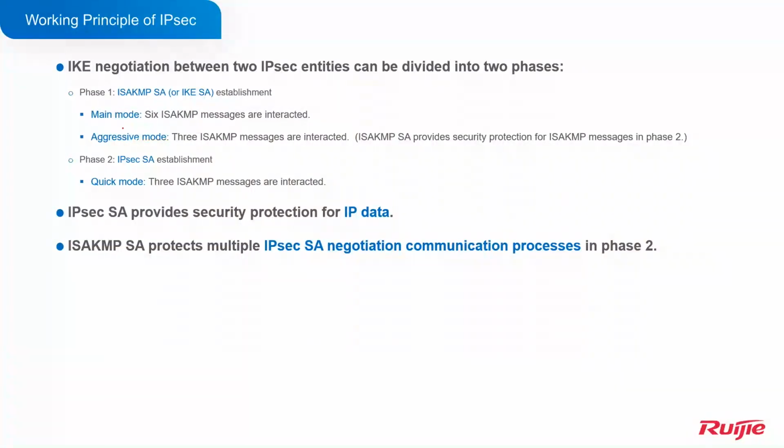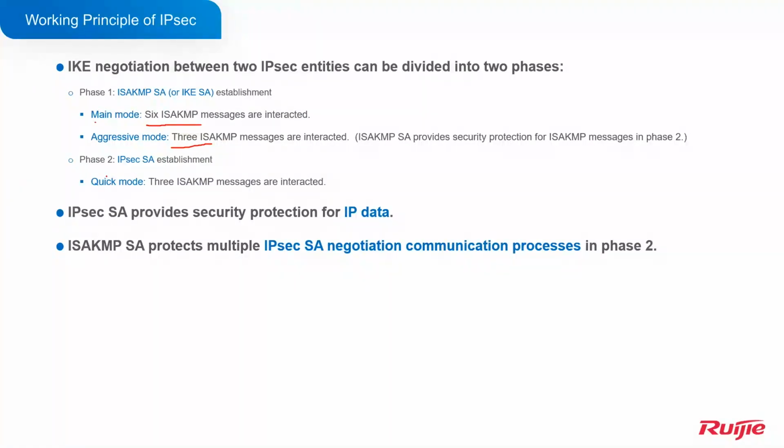And in this step, we will have 2 modes, main mode and aggressive mode. And the main mode will have higher security than the aggressive mode, because this one will provide 6 IKE messages. And the second mode uses 3 messages. So this is the first one.